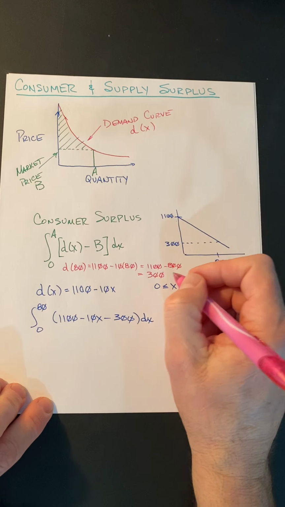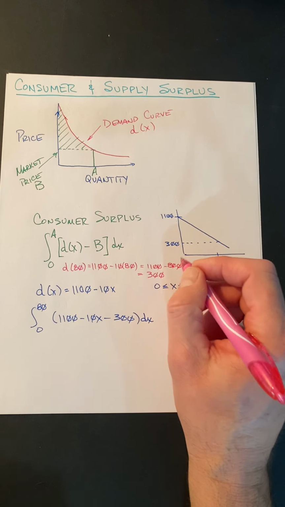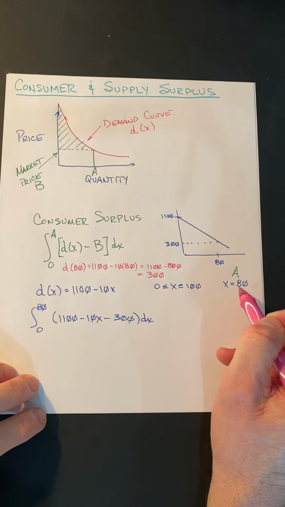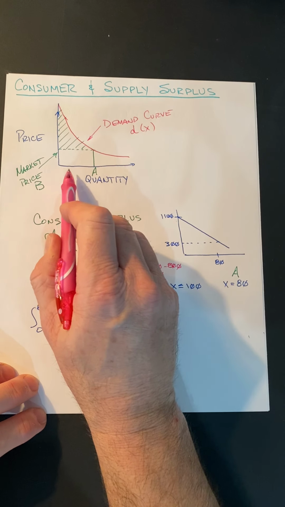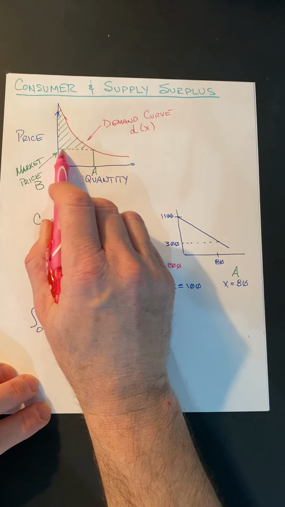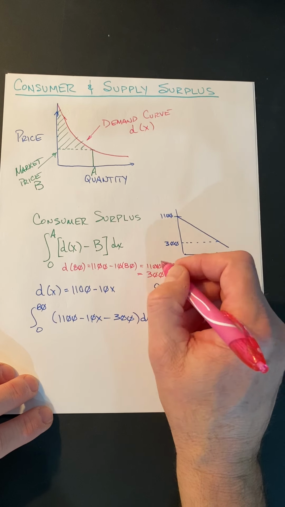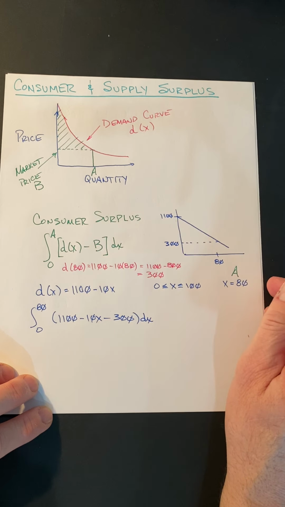So I determined that market price value based on this demand level. And that makes sense for any function: the x value into the function should produce my y value. So here's where I get my 300 on my graph.